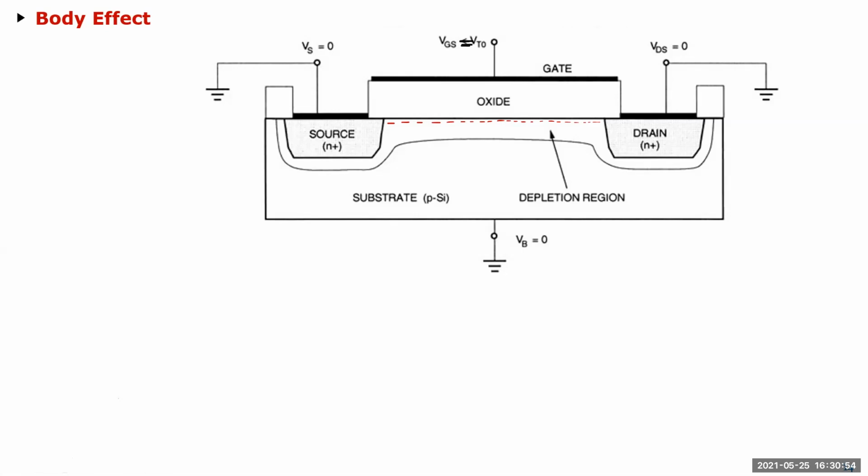And if you have formed a channel after you make your VGS equal to VT0, then you can conduct current through this. But when you have a device, you don't always connect the source to the same voltage as the bulk. Here I'm showing that the source and bulk are shorted, as well as the drain. Obviously at the drain we apply some voltage for the current to flow. So not always is this connected.